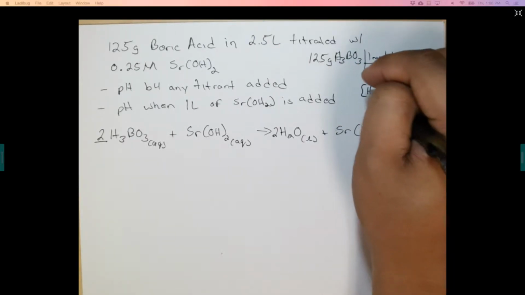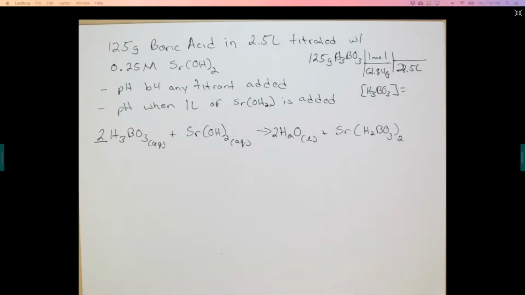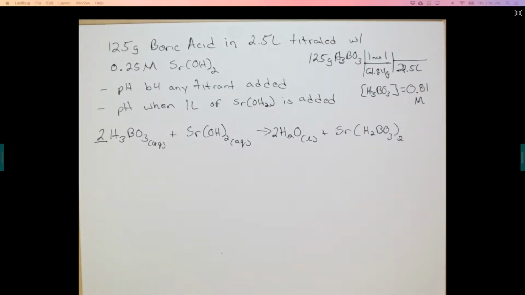So the concentration of H3BO3 is equal to 125 divided by the second answer, divided by 2.5, roughly 0.81 molar.